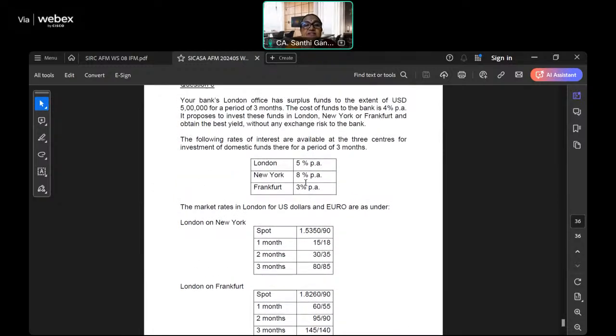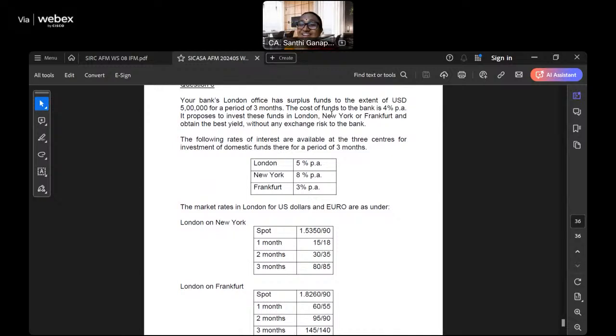Your bank's London office has surplus funds to the extent of 500,000 US dollars for a period of 3 months. The cost of funds to the bank is 4% per annum. It proposes to invest in London, New York, or Frankfurt.